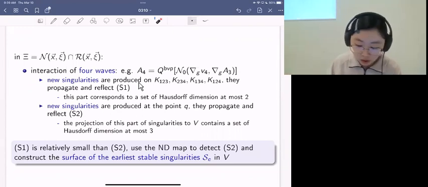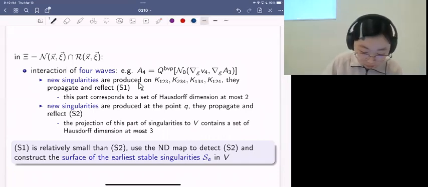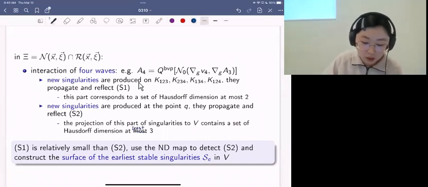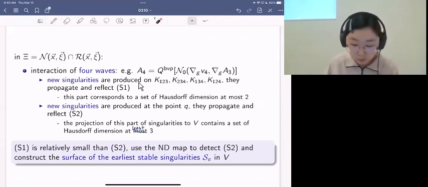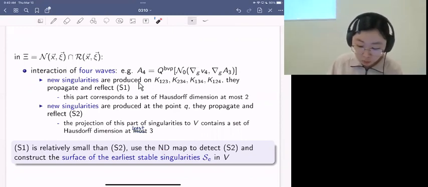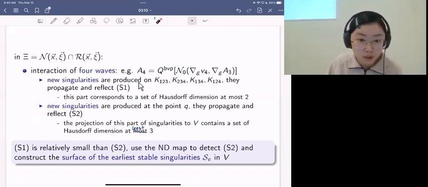They correspond to a set which has Hausdorff dimension at least 3. If we compare S1 and S2, S1 is relatively smaller than S2. So even though the Neumann-to-Dirichlet map will detect these two parts of singularities, we can still distinguish them by looking at the Hausdorff dimension.